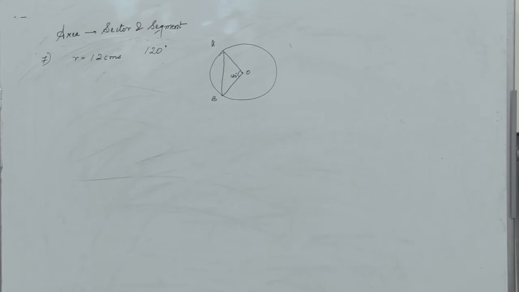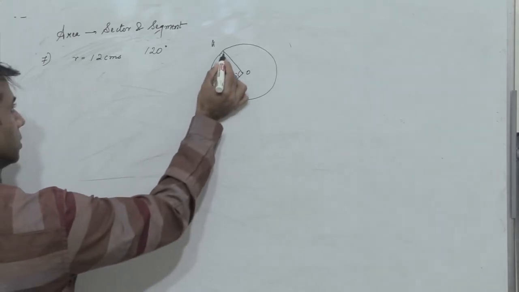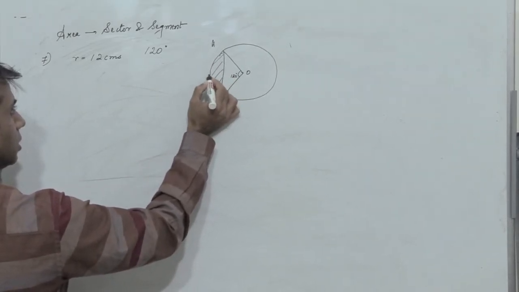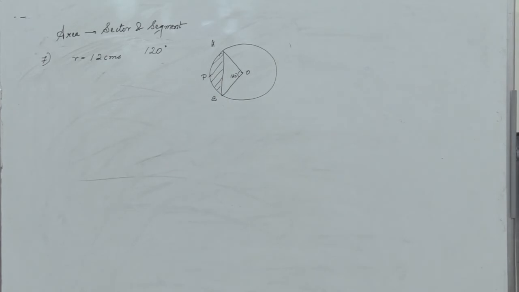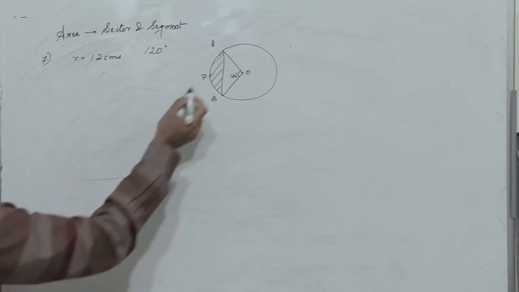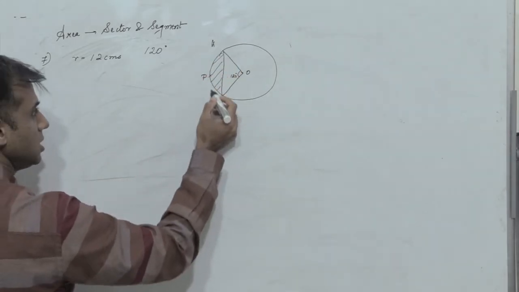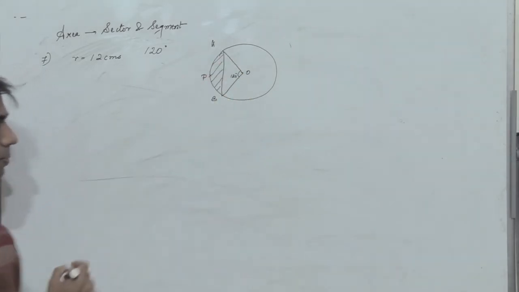So in general we need to find the area of the segment here. If I call this point P, let us find the area of APB, and we also need to find the area of OAB also. So correspondingly, to find this area, I need to find this area.